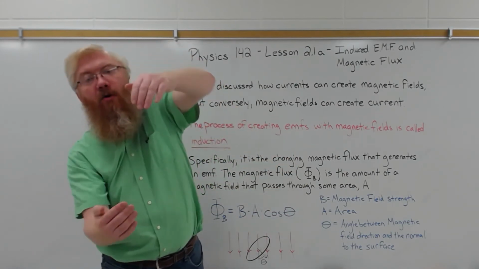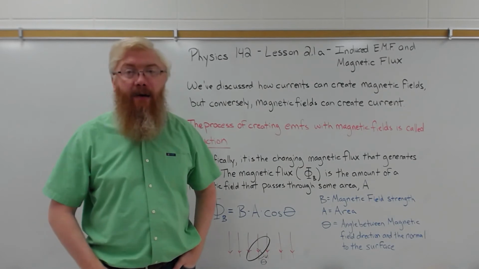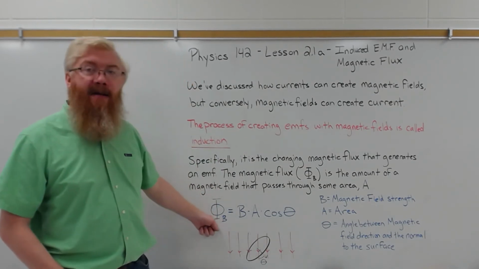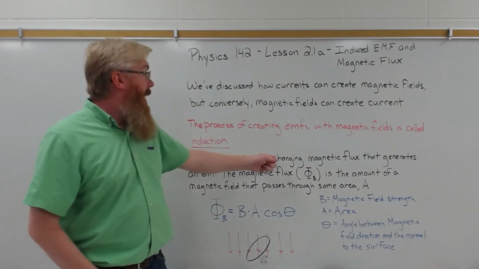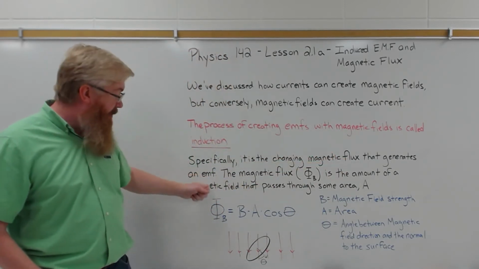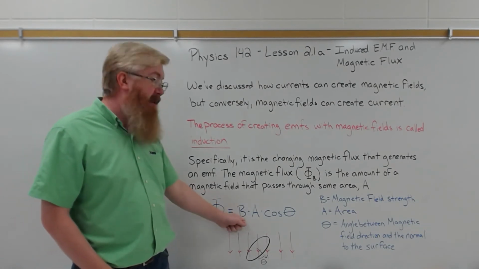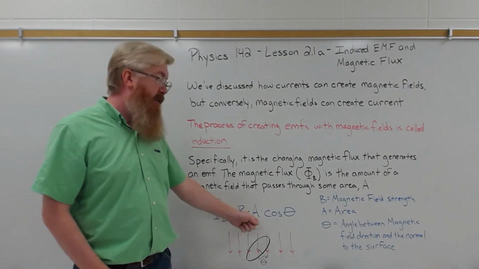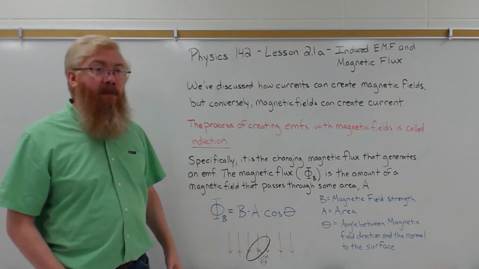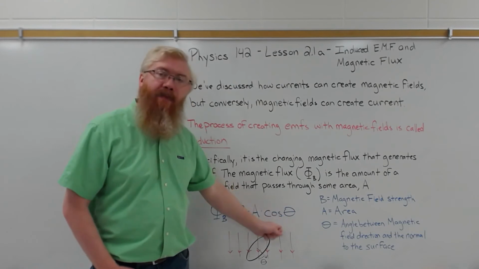By spinning the loop, you change the amount of magnetic field lines going through the loop because you change the angle, and that can change the magnetic flux. A changing magnetic flux generates an EMF. So if I want to change this with time, there are three ways of doing it. I can change the magnetic field strength with time, I can change the area with time, or, most easily, and what's used in motors and generators, I can change the angle with time.